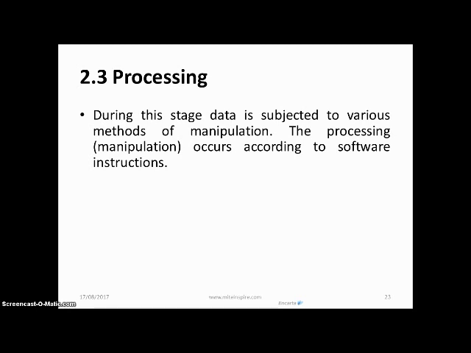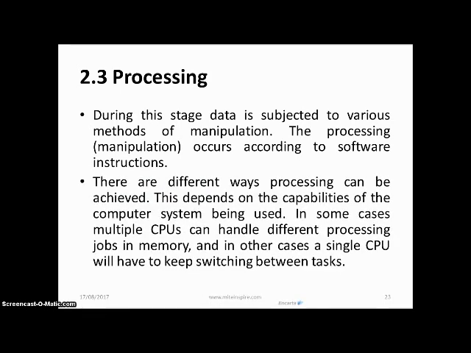Other types of systems can only handle one program at a time using one processor, which uses a time-sharing mechanism where it keeps switching between the different tasks until the processing load is done. Again, check in the prescribed textbook to read more about the different types of processing mechanisms like multi-programming, multi-processing, time-sharing, and so on.